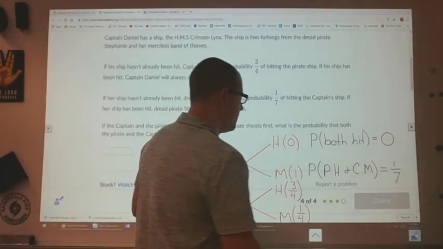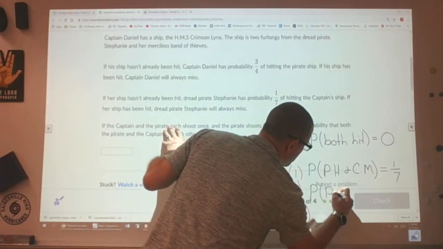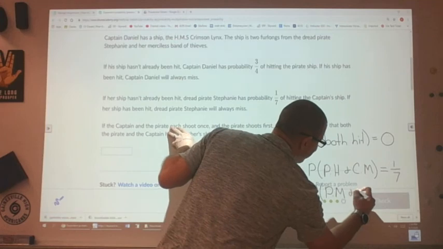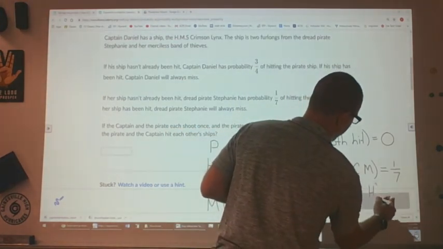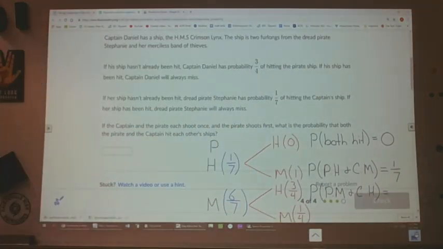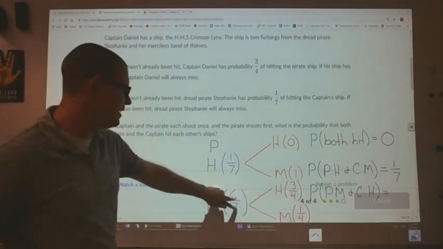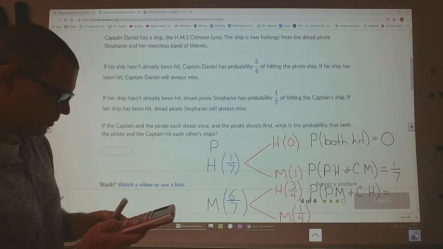The probability that the pirate will miss and then the captain will hit, let's calculate that out real quick. 6 out of 7 times 3/4. We just follow that tree.